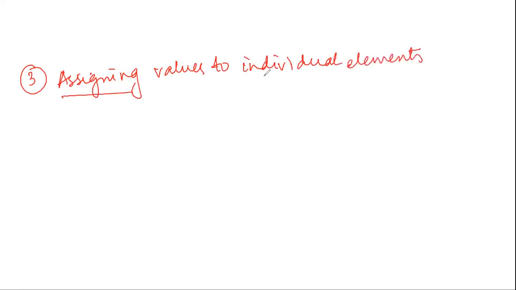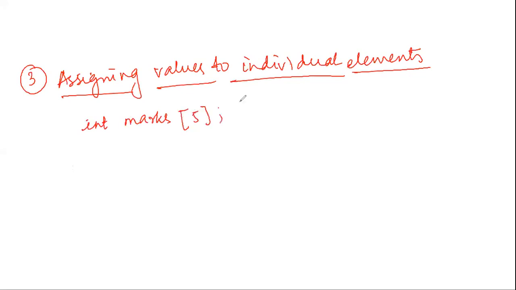Assigning values to individual elements means, suppose I am declaring marks as 5, okay? This means that my memory can hold up to 5 marks, and instead of declaring it in one statement, or instead of taking from the user one by one, I am doing it differently.